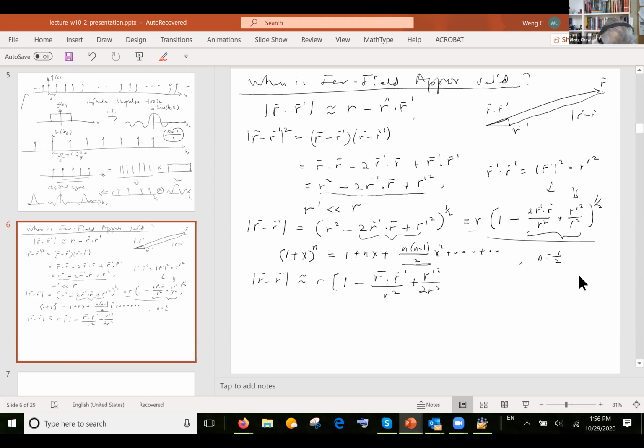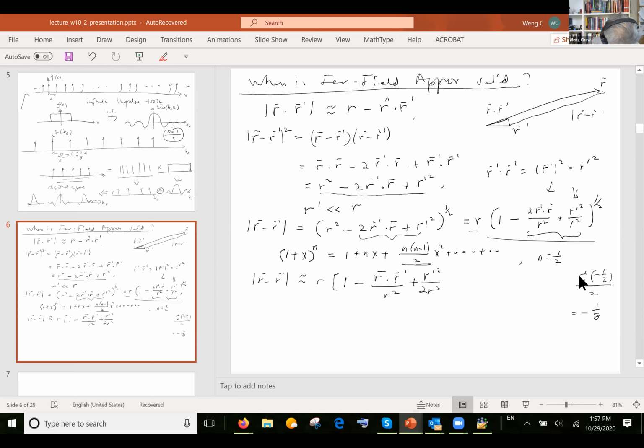And furthermore, I have to divide by this prefactor. The prefactor would be half times minus half divided by 2, so it is going to be minus 1 over 8. So it is going to be pretty small.